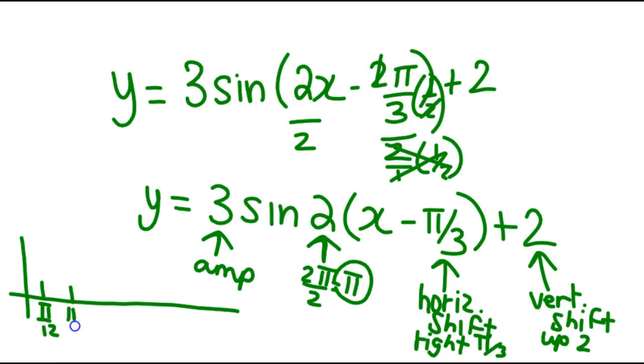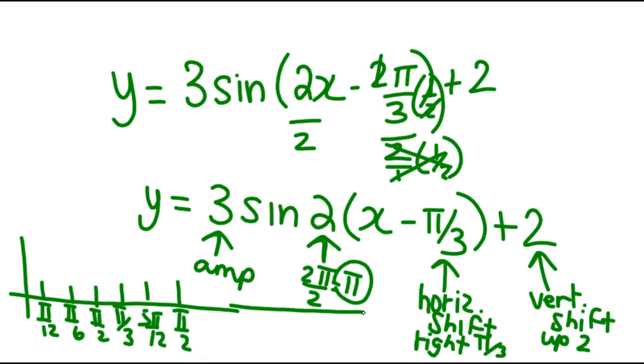2 pi over 12 is a sixth. 3 pi over 12 is a half. 4 pi over 12 is a third. 5 pi over 12. 6 pi over 12 is half.